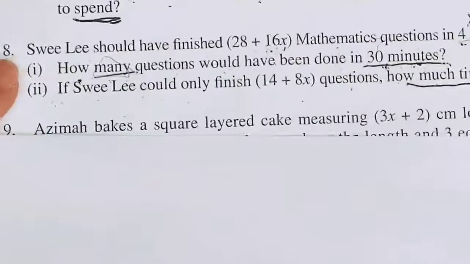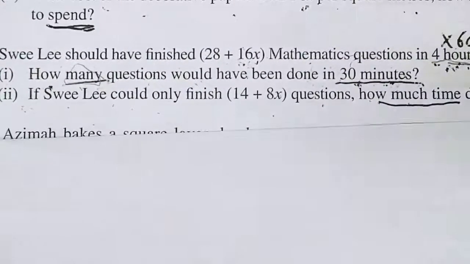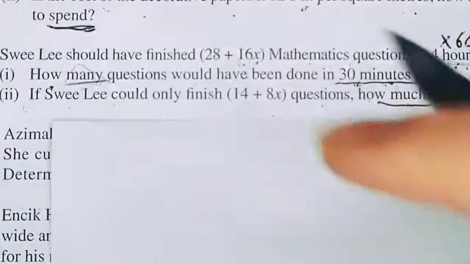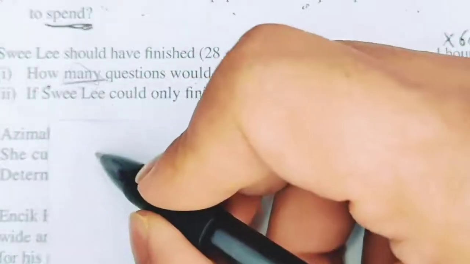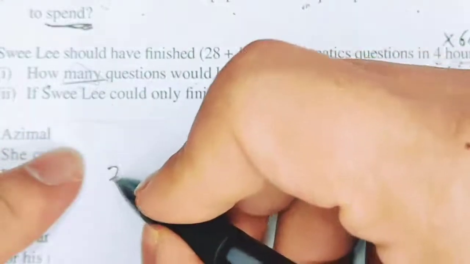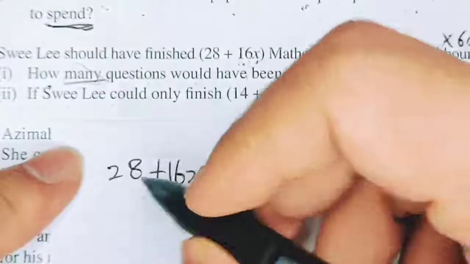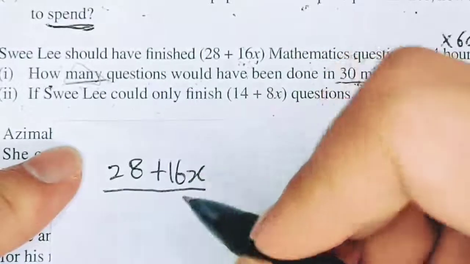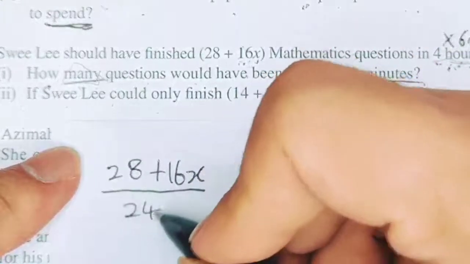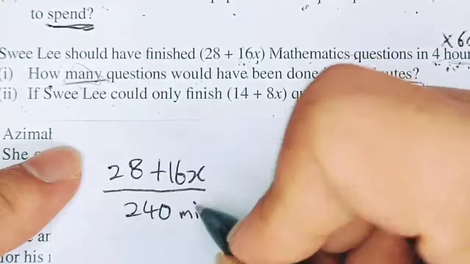Okay. So all that we know from earlier, 28 plus 16x questions take 240 minutes.